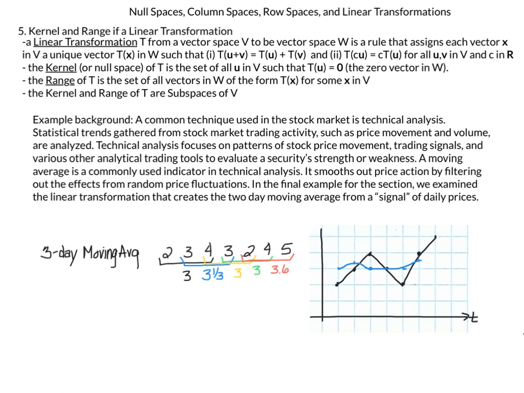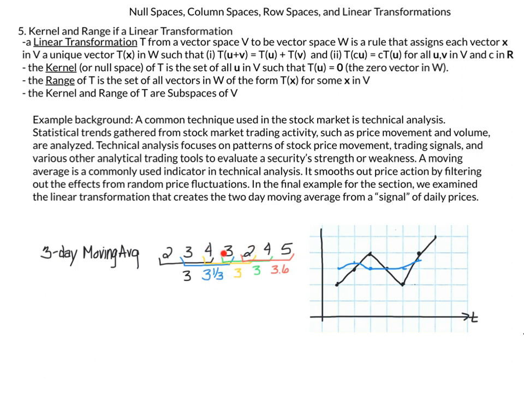If I do the moving average for a 3-day moving average, I have to wait till the 3rd day before I get my first quantity, but it'll be the average of the 3 days. So that would be 2 plus 3 is 5, plus 4 is 9, so the average is 3. My next window on day 4, I can take the last 3 days and take an average, and it's 3 1/3. The 3 plus 3 is 6, plus 4 is 10, divided by 3 is 3 1/3.